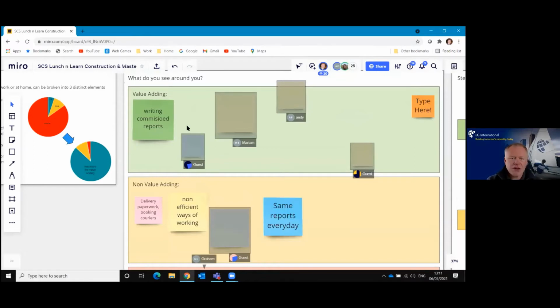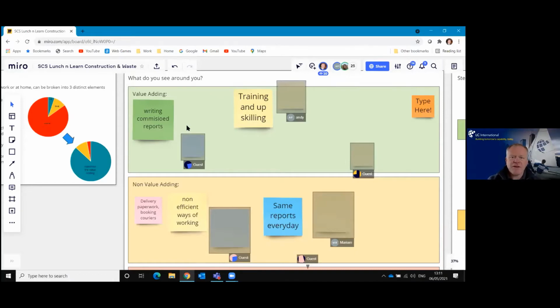How many times do we have to check the information to ensure that it is correct, that the wording is correct? We've got a training and upskilling there, value-adding. Now that could be a challenge. It could be value-adding, or it could be non-value-adding as well, dependent on what value it's adding to the project or the business itself. Now, if it's training and upskilling for the first time to give people that expertise, perfect, value-adding.